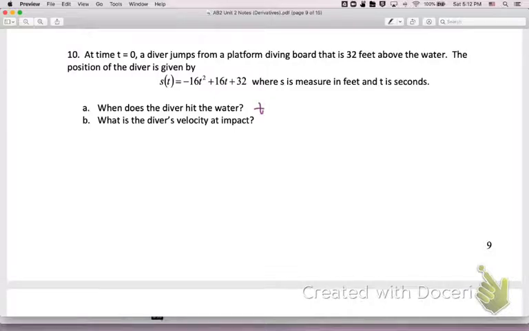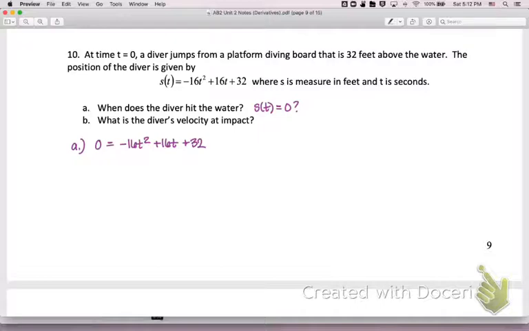First question, when does the diver hit the water? That is going to be when does s of t equal 0? Because the distance above the water would be 0 at the moment that he hits the water. So for part A, that's just solving a quadratic equation. We want to know when is negative 16t squared plus 16t plus 32 equal to 0.